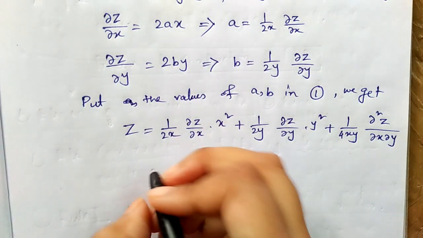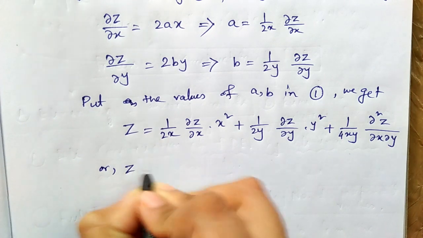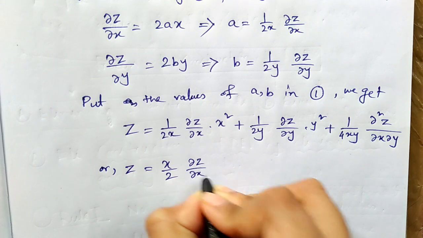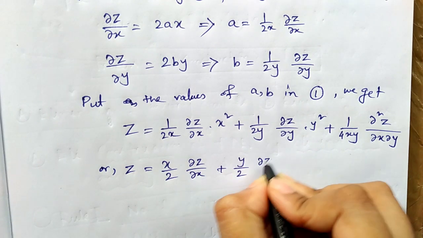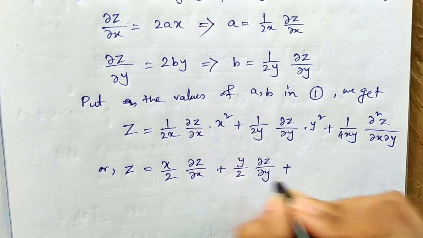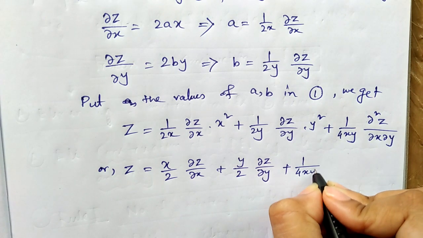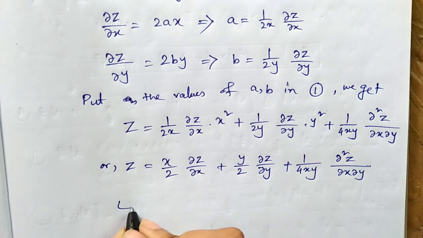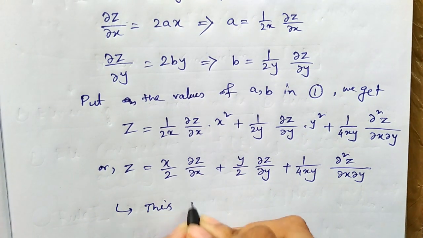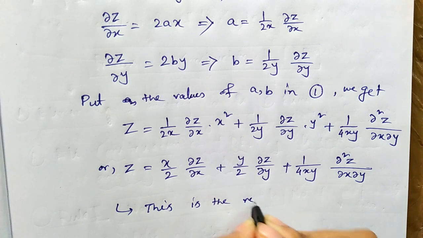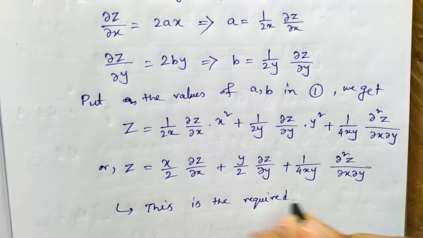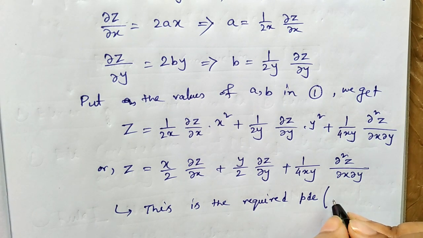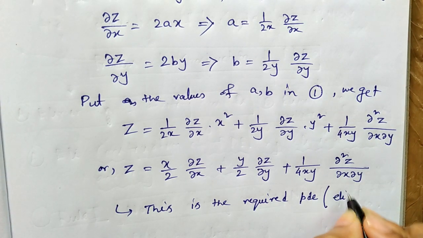We get this. Now just simplifying, we get z = (x/2)∂z/∂x + (y/2)∂z/∂y + (1/4xy)∂²z/∂x∂y. Now this is the required PD, or it is sometimes called the required eliminant.